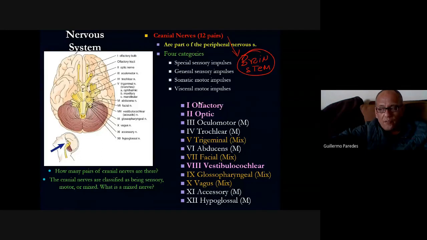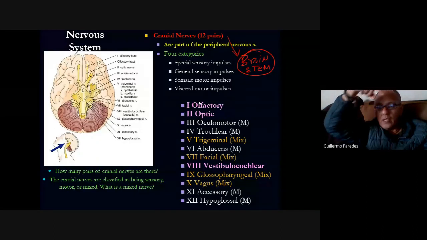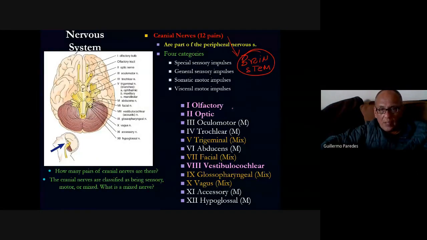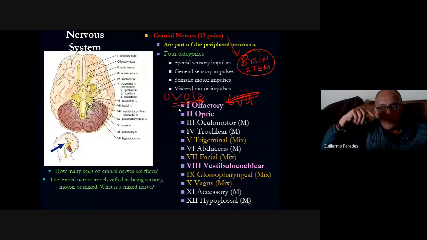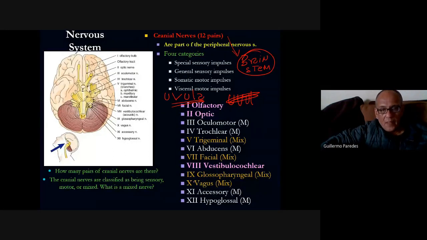So the vagus nerve is vomiting, and the uvula is moving. If somebody doesn't know what the uvula is, U-V-U-L-A, uvula is the small bell that is behind in the throat.